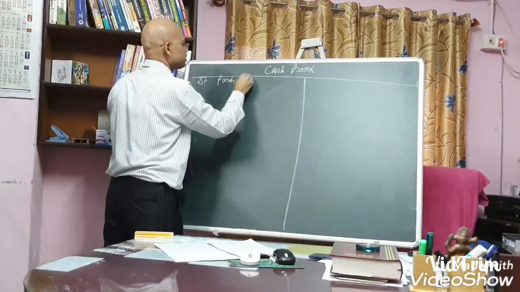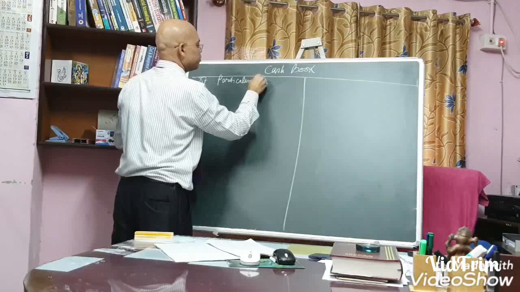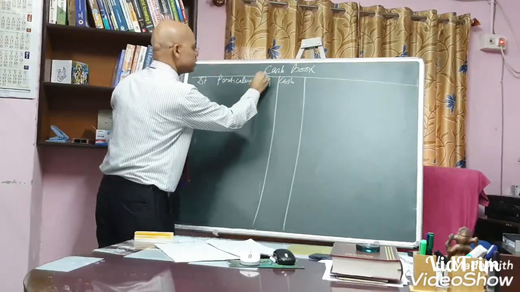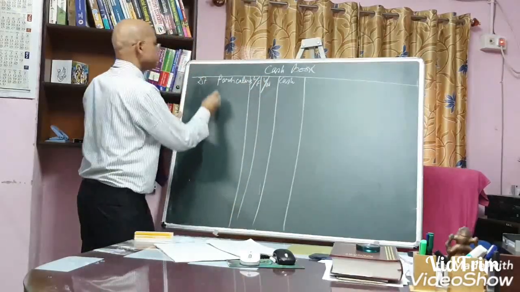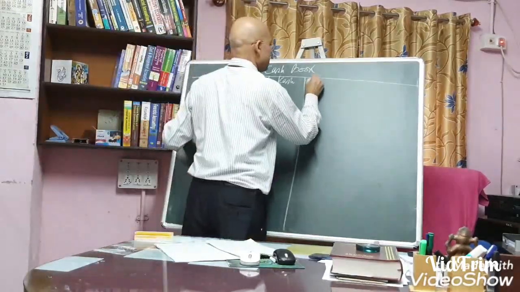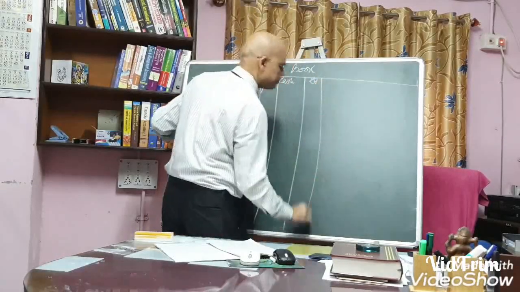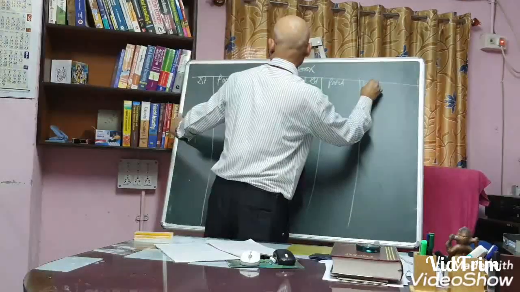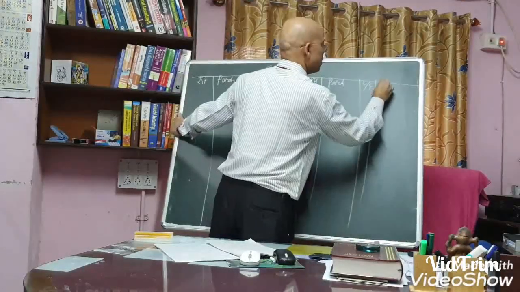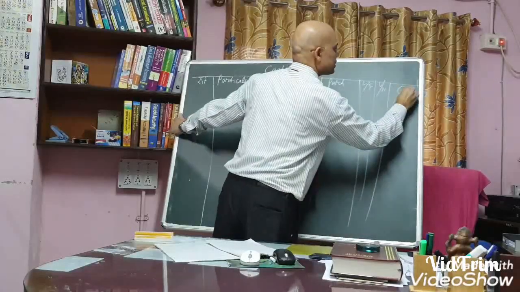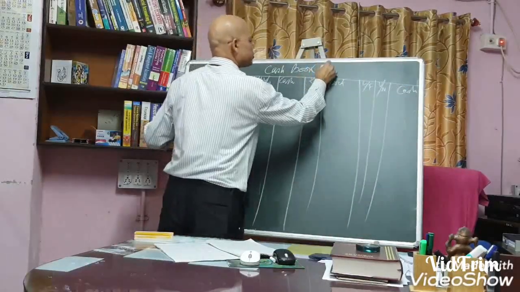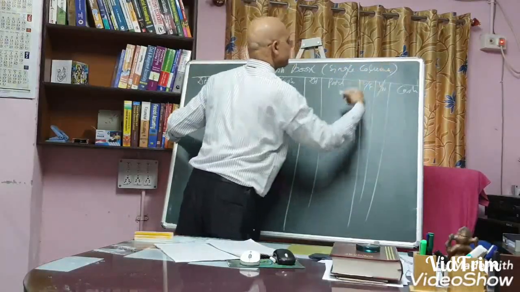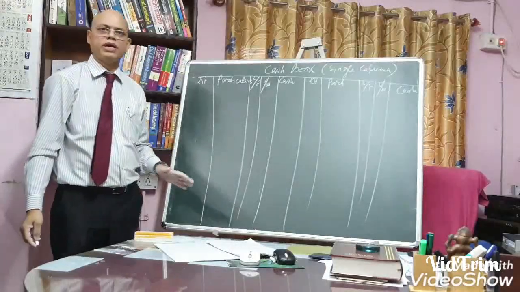Date, particulars, ledger folio, voucher number, and suppose one column I am showing, and similarly on the right side, date, particulars, ledger folio, voucher number, and cash. It is a single cash book. It is an example of single column. Only one column I have shown here.